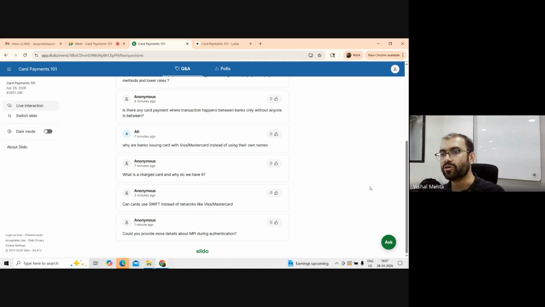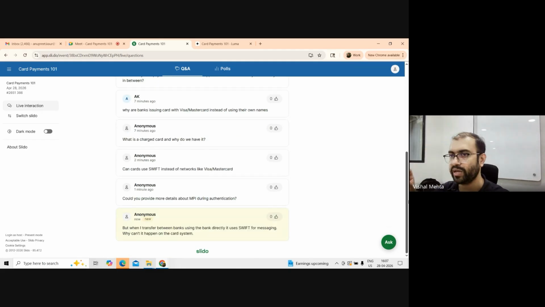But in order to complete the authentication, you also need the ACS server, the access control server, which is between the card network and the issuer. So the authentication layer is completed using MPI from acquirer to card network, and ACS from card network to issuer.